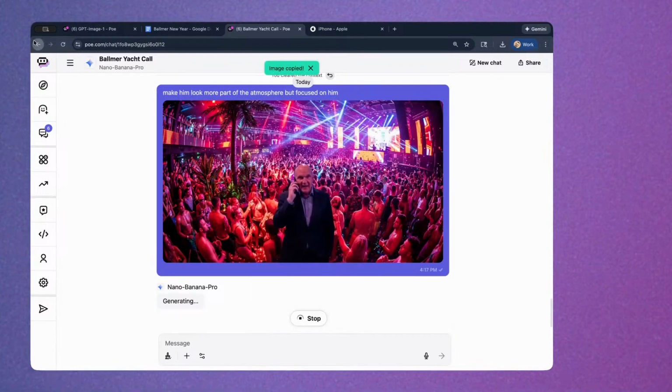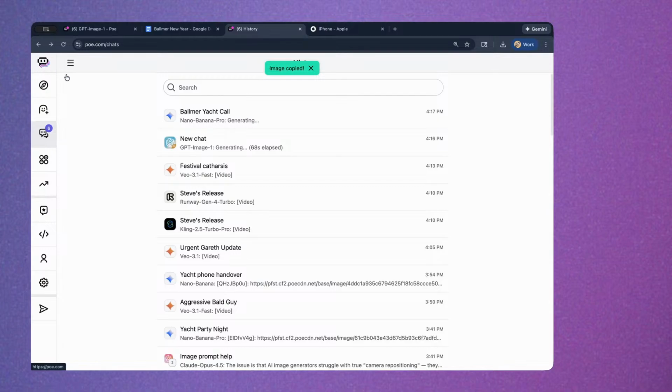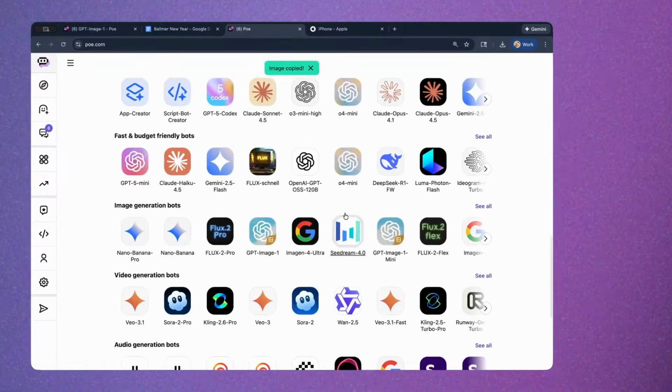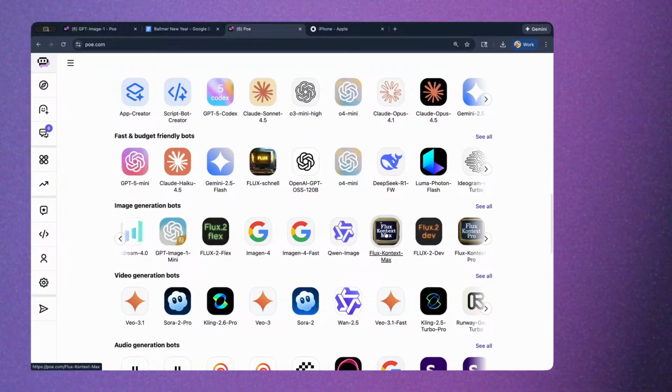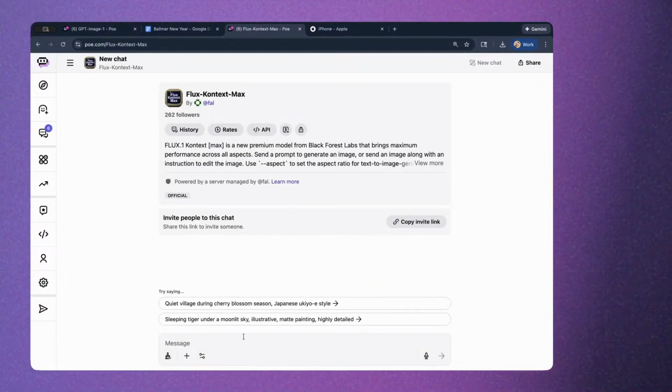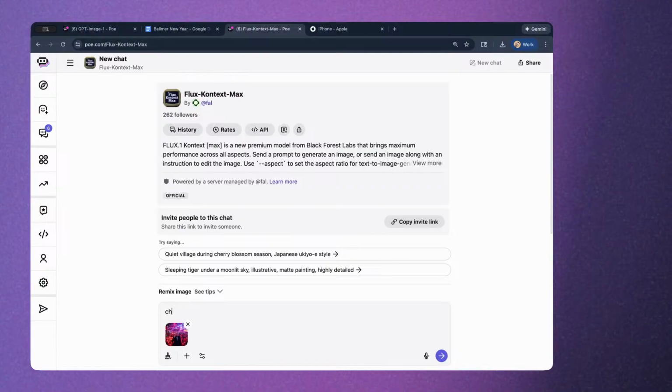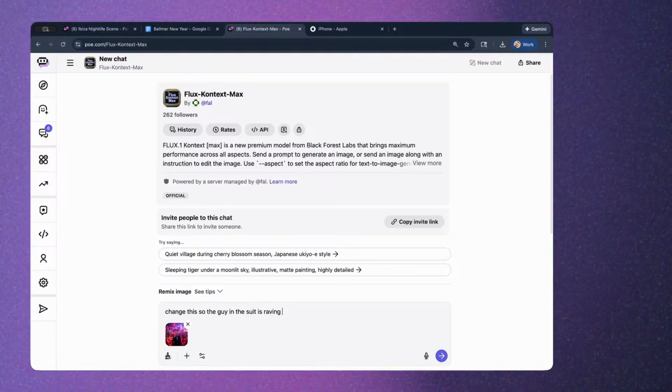Let's see if we can get some of these other image models in on the game. Flux Context Max, let's see. Change this so the guy in the suit is raving in the middle of this.